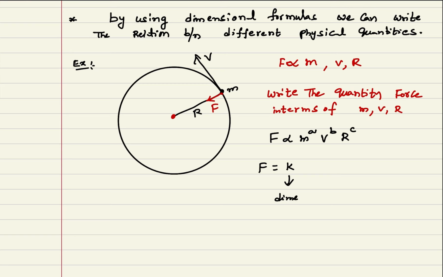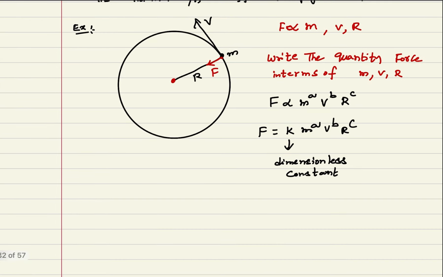If I remove the proportionality, I write k, which is a dimensionless constant, times m power a, v power b, r power c. After writing this, we have to write the dimension of force. Dimension of force can be written as M L T power minus 2. Similarly, write the dimensions of all quantities.